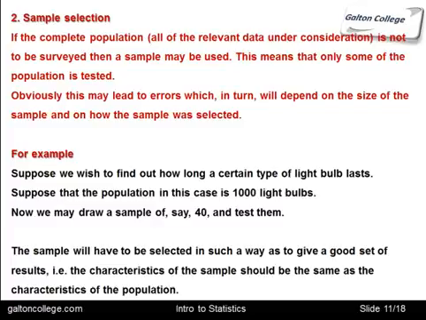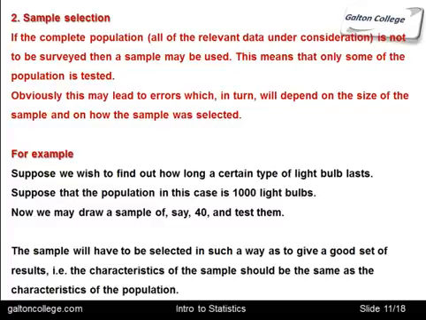So the population is the relevant data under consideration. So we only test some of the population. Now, the problem is, how do we select which ones we're going to ask? And again, later on, when we look at methodology and we look at sample selection, these will be big issues.